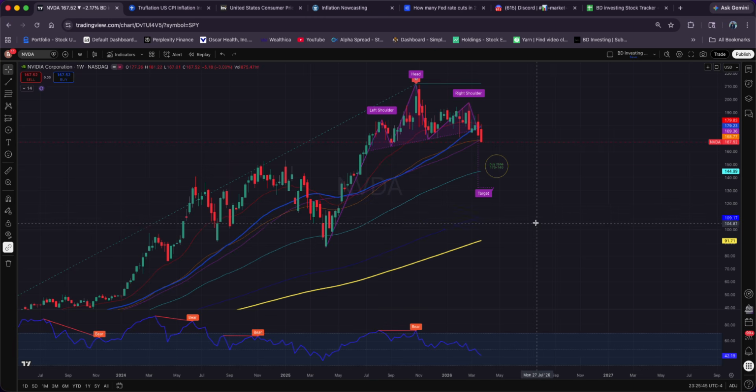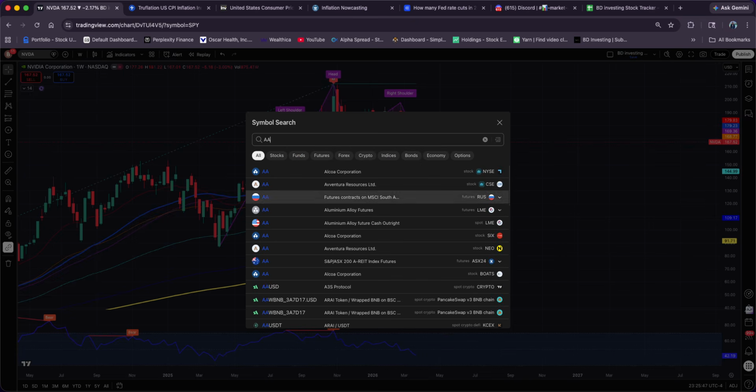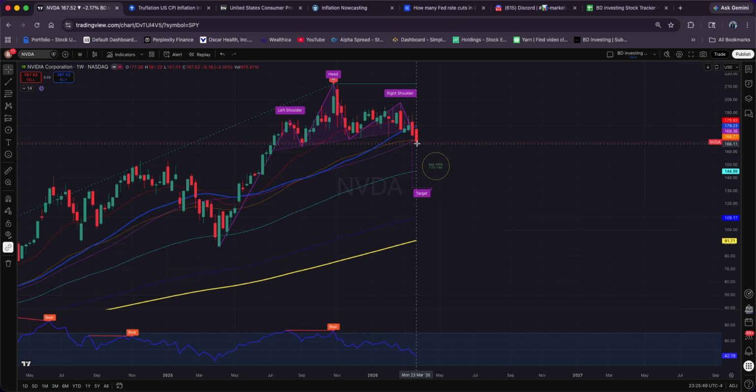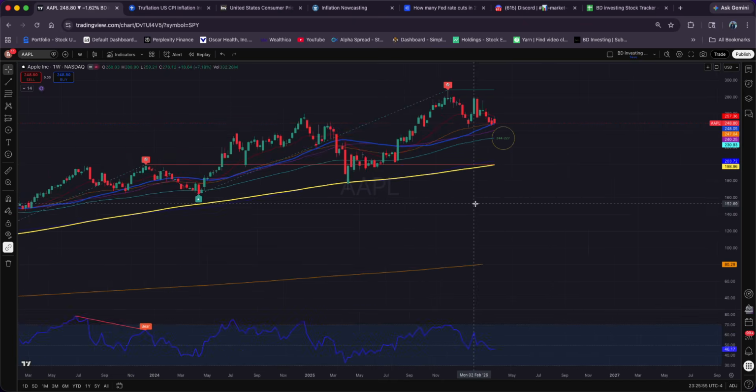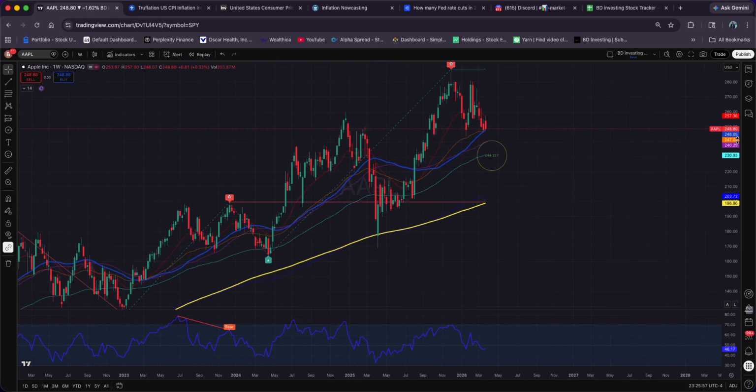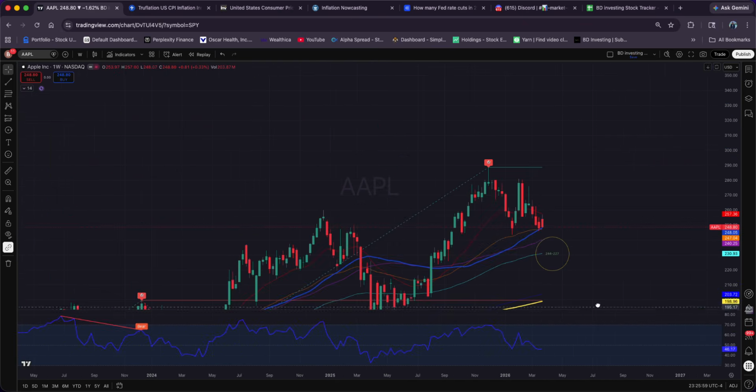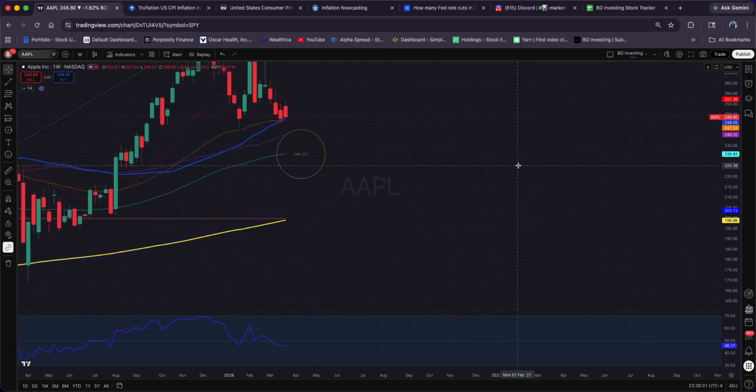We could even go down to 110 in the worst case scenario, but it's very important to see what we do at the 50-week moving average. Nvidia needs to stay above 170. This is the market where you just have to close the markets for a while, buy the dip, and go about your day. Can't do much.